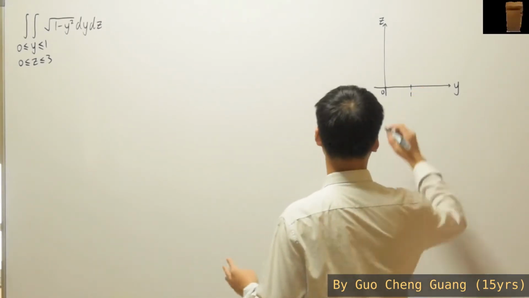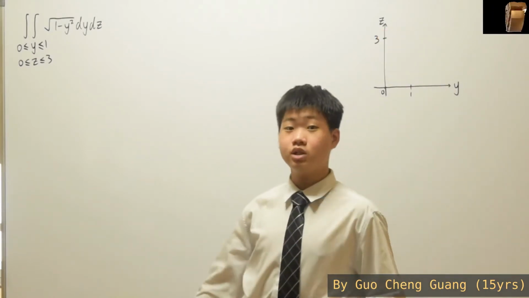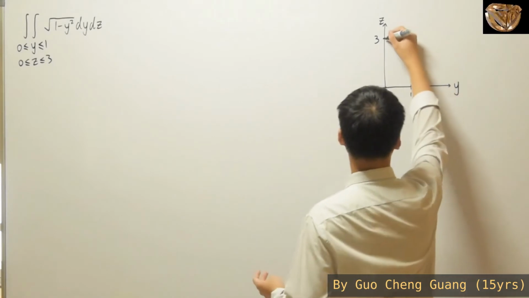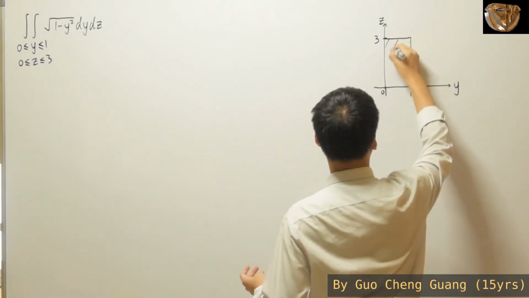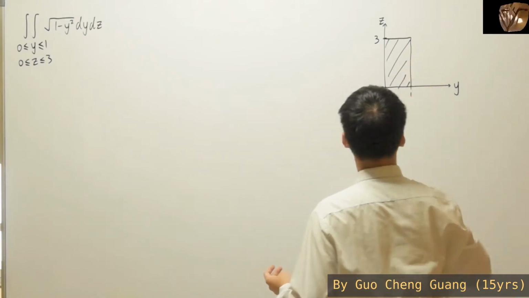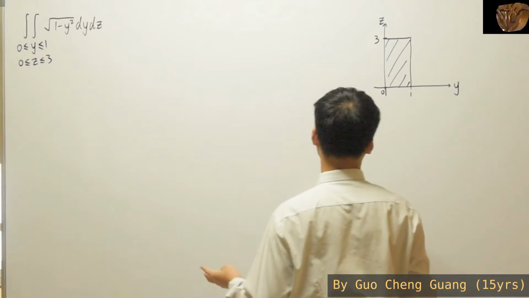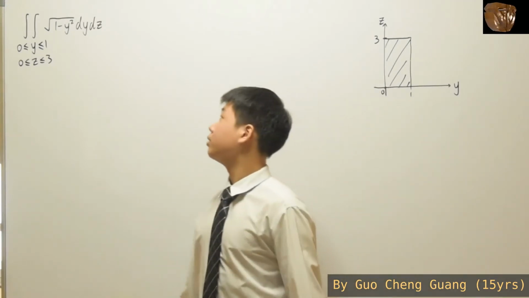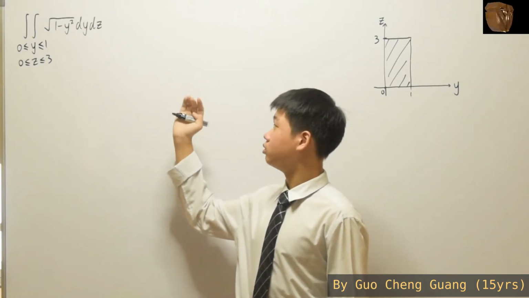Z is from 0 to 3. And there are no other limitations, which means it is basically a rectangle. Alright? So this is what your region of integration would look like. Right, so that is for this example.